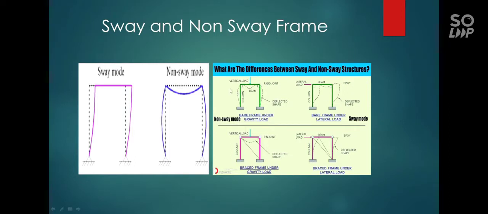Here in the non-sway frame, you see that there is a vertical load at the midspan, so it won't sway because the load is in the middle. If it is here or here, it will be unbalanced and it will go down. So the difference is that the sway frame has an unbalanced horizontal force.